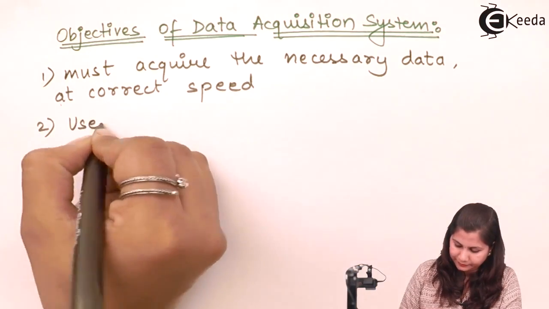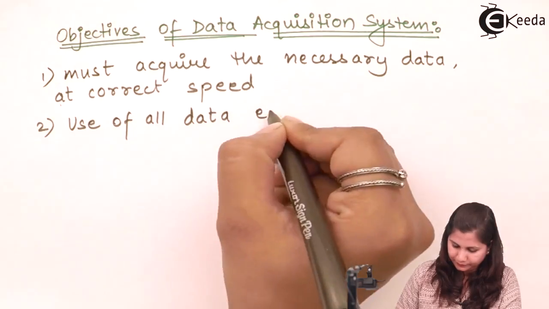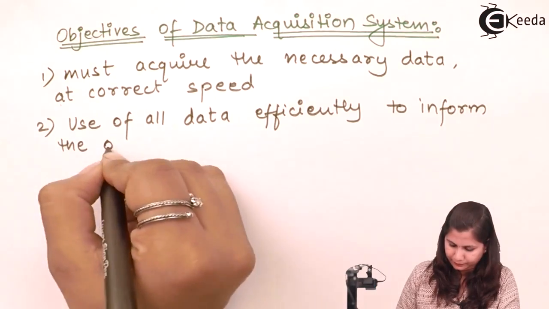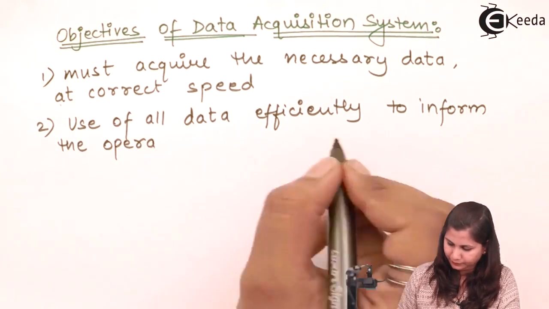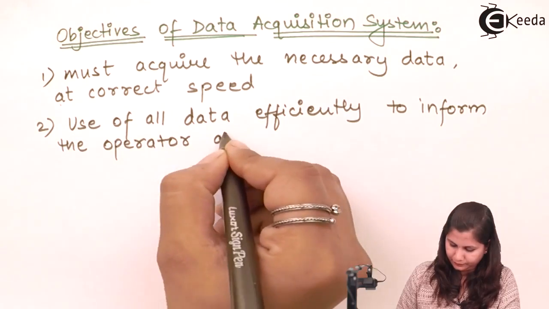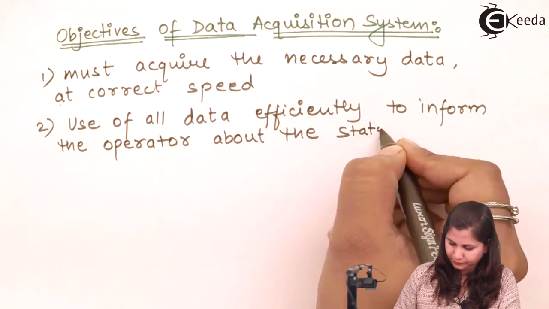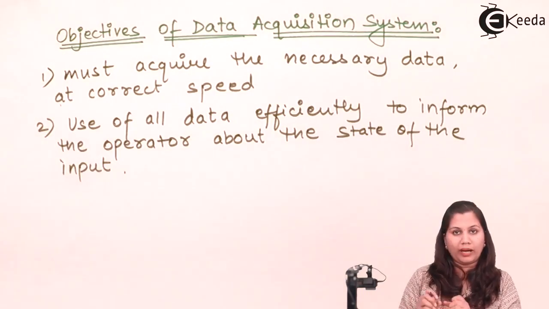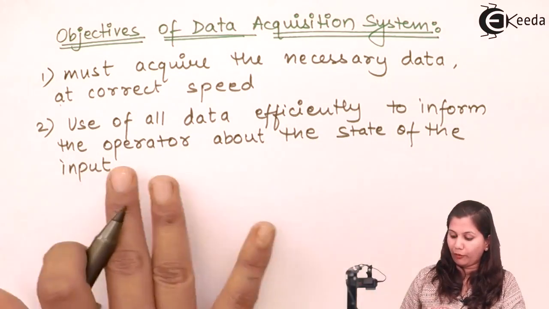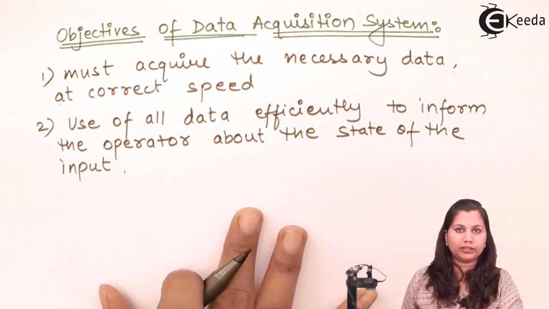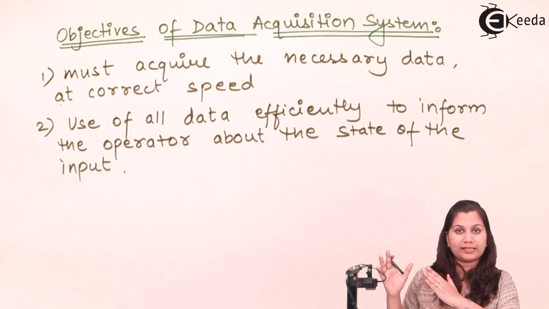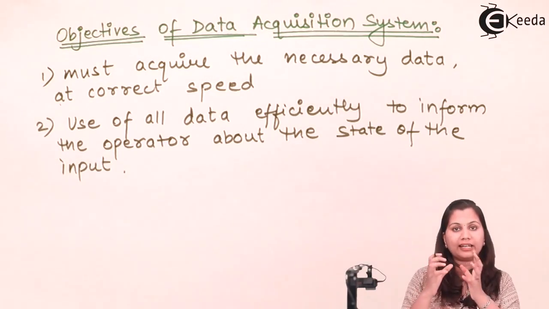Second is, now first acquiring is being done. After that, data should be efficiently handled so as to inform the operator about the state of the input, because this data, after acquiring, has to be properly transmitted so that the operator can get the correct data.